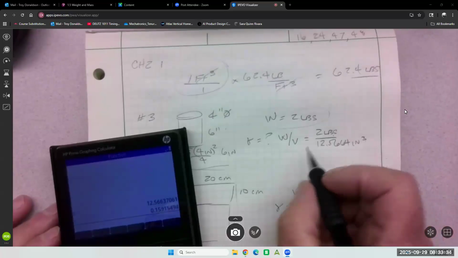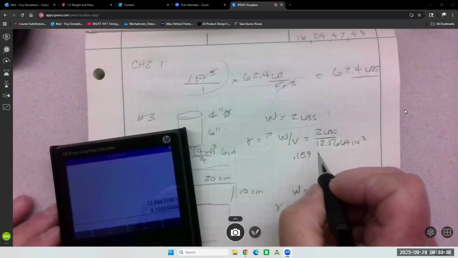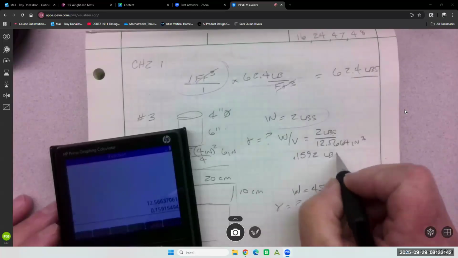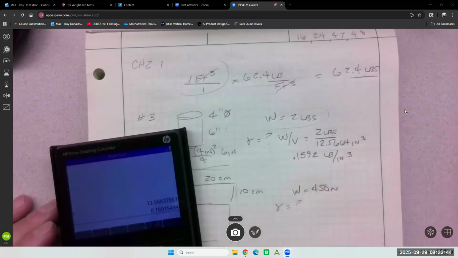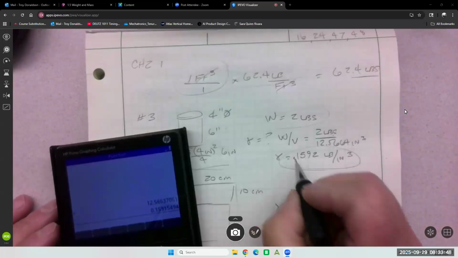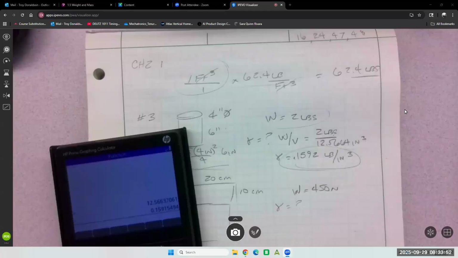This number, I get 0.1592 pounds per inches to the third for a specific weight. And then if I wanted that in feet cubed, I would just need to convert to feet cubed.